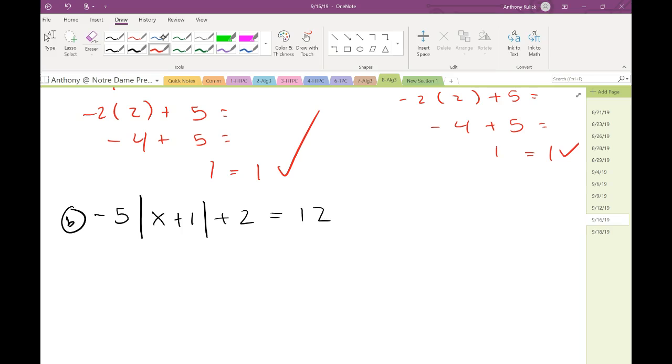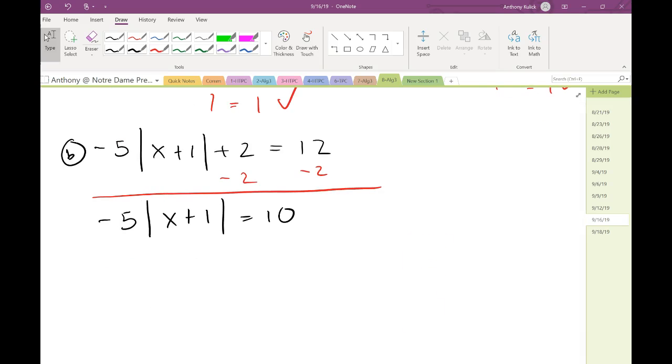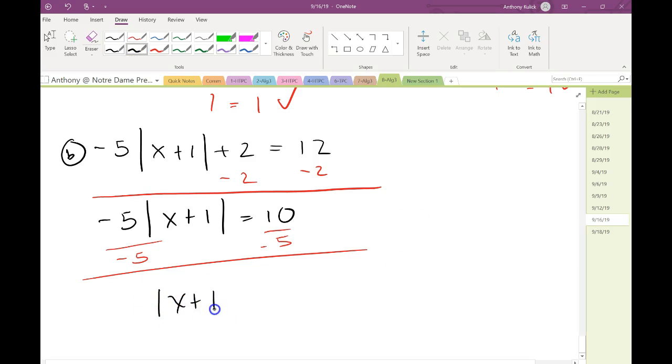Harlan? Subtract 2 is correct. So typically we want to undo the addition and subtraction before we do the multiplication and division. Okay. What should we do next? Divide by negative 5 is correct. Good job. That's going to give us x plus 1 equals negative 2.